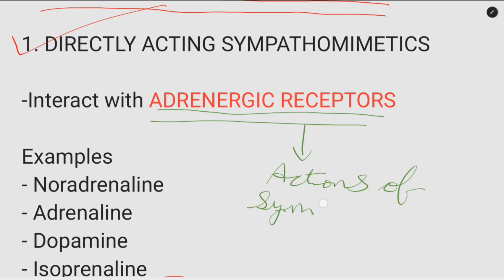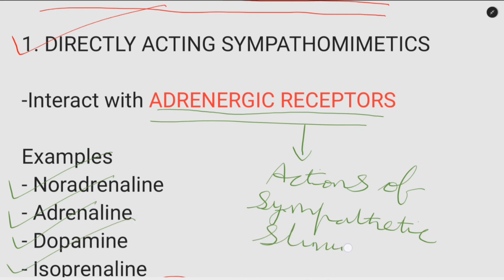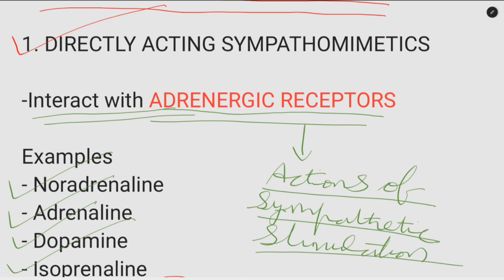The examples of directly acting sympathomimetics are noradrenaline, adrenaline, dopamine, and isoprenaline.